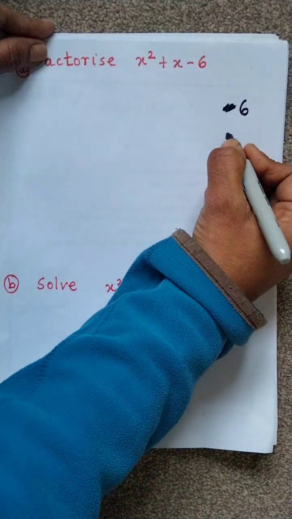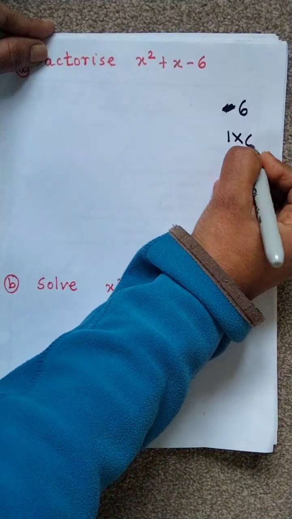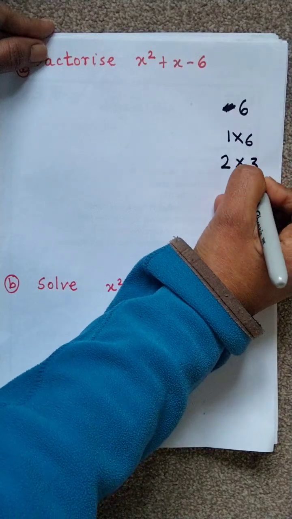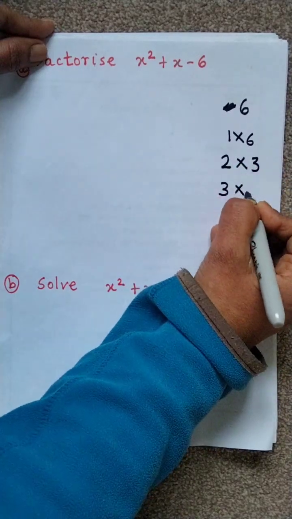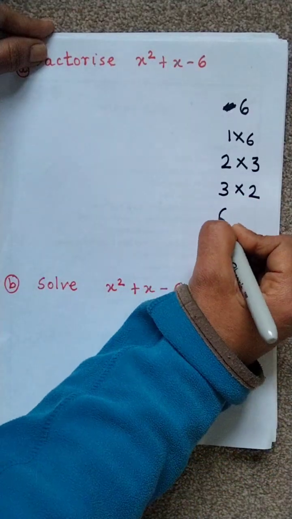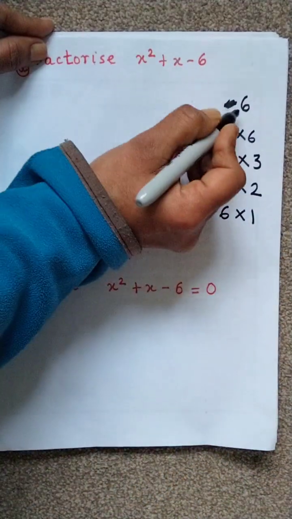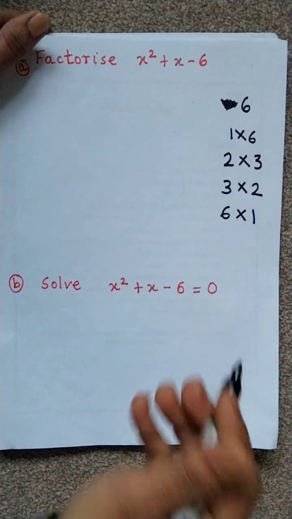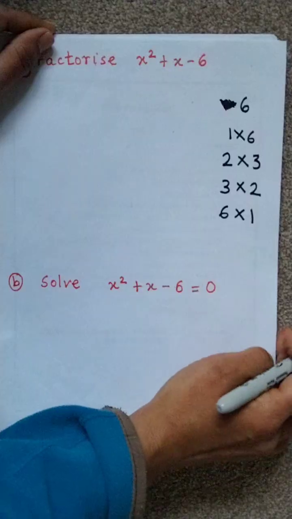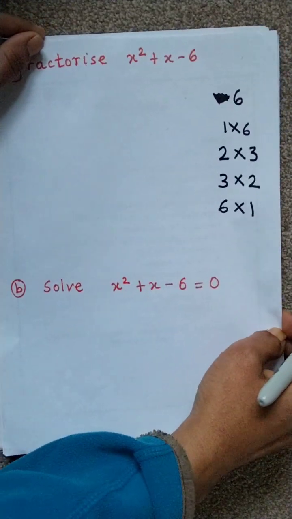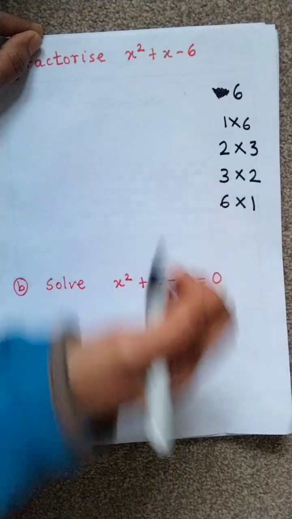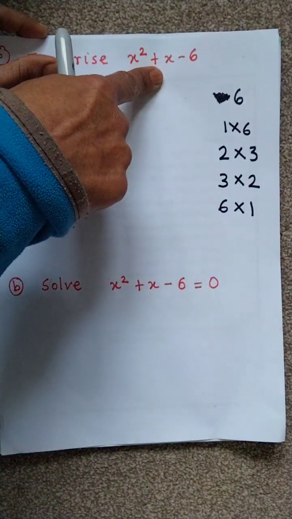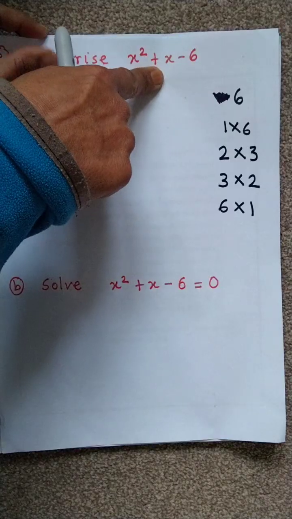Okay, so 6 can be written as 1 times 6, or it can be written as 2 times 3, or it can be written as 3 times 2, or it can be written as 6 times 1. Okay, this is cancelled. 6. Okay, now we want product to be minus 6 and sum should be plus 1x, that is 1.